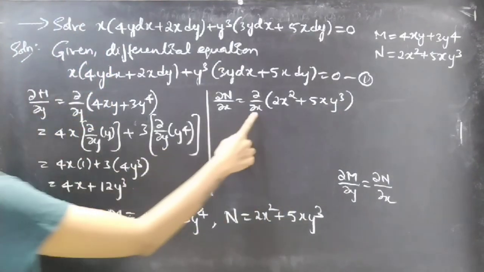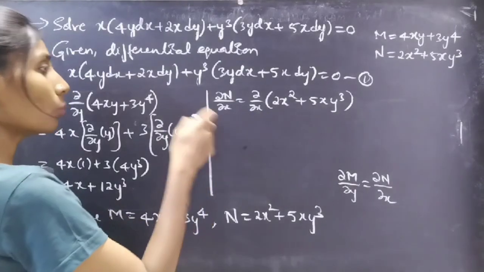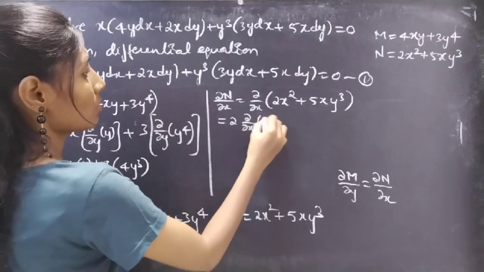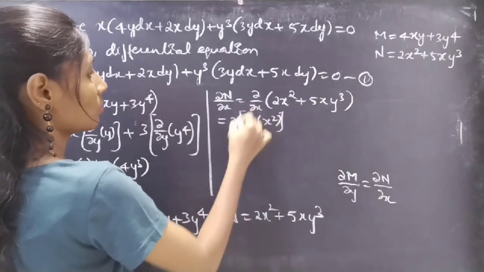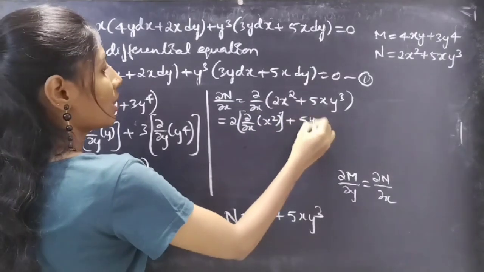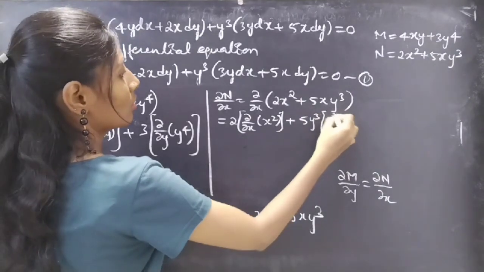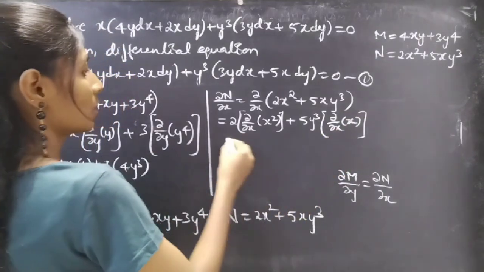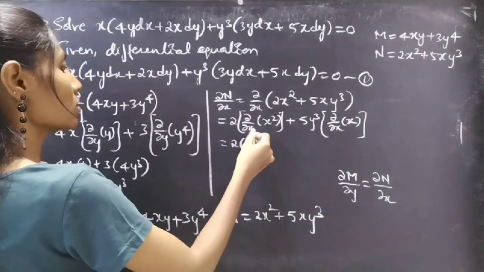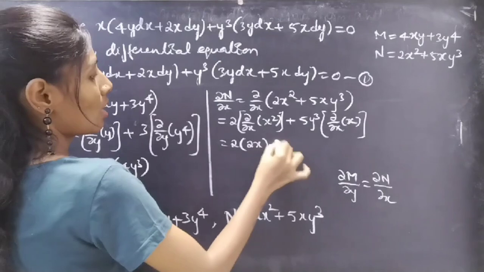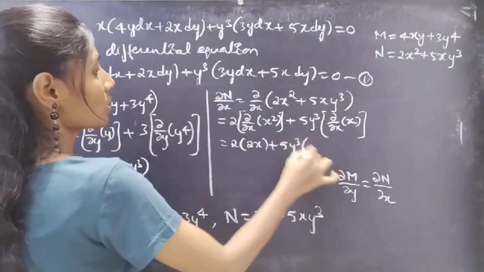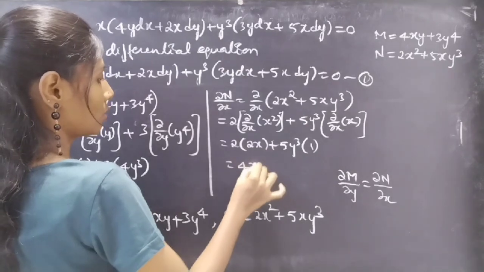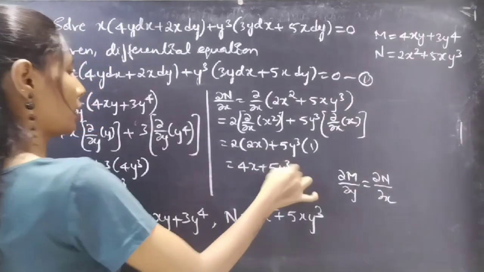Since we are finding partial derivative with respect to x here, so y is treated as constant, so you can write the above expression as 2 into partial derivative of x square with respect to x plus 5y cube constant into partial derivative of x with respect to x. This gives us 2 into 2x plus 5y cube into 1, which gives us 2 2s are 4x plus 5y cube.